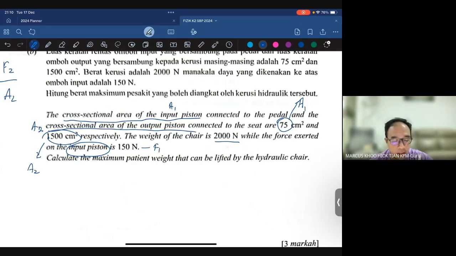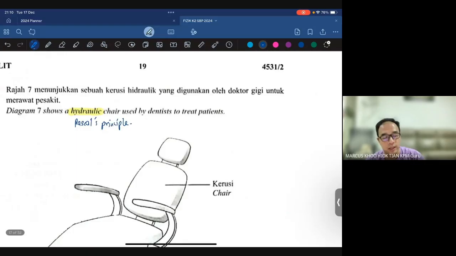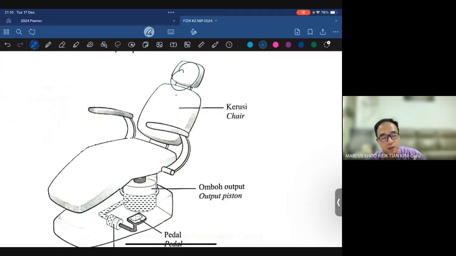Question is calculate the maximum patient weight. The weight of the patient, which means that kalau ada orang duduk di sini, yes, this is me drawing, ada dua beban lah bahkan. One is the weight of the chair and one is the weight of the man.